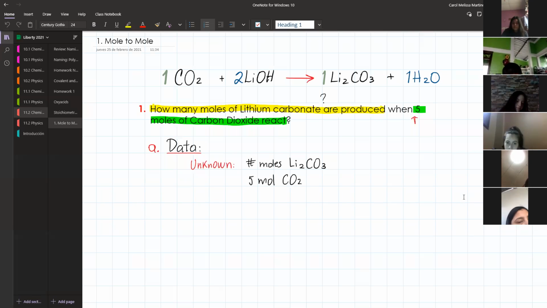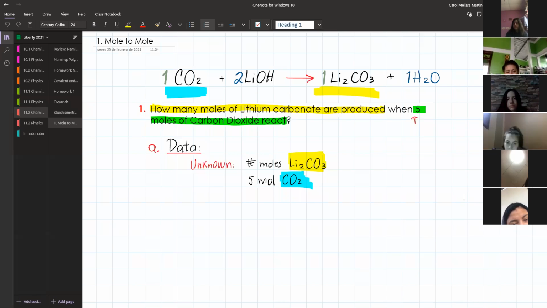Okay, you have lithium carbonate, that's one of the substances, and the other substance is CO2. Those are the two substances that are part of the question. Okay, so I will relate them like I'm gonna do right here. Lithium carbonate and CO2. Those are the two substances that are involved in my question.